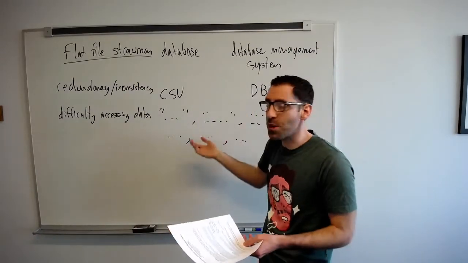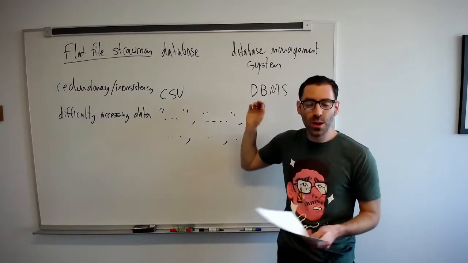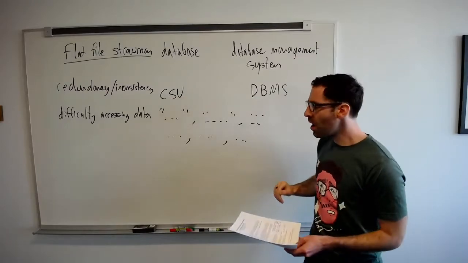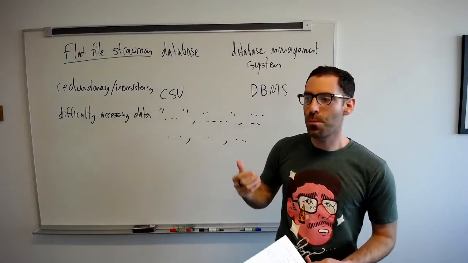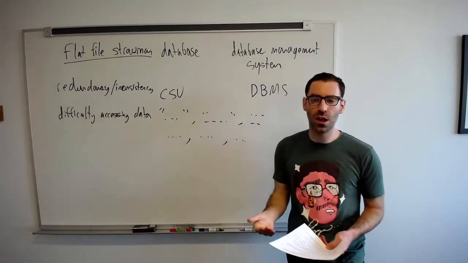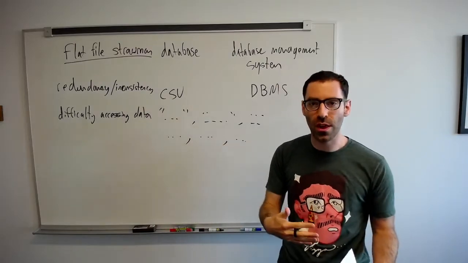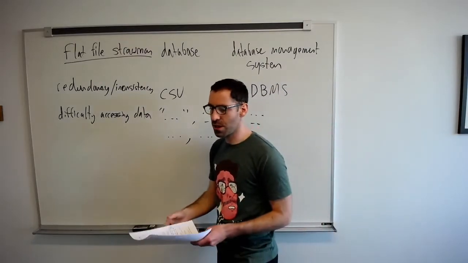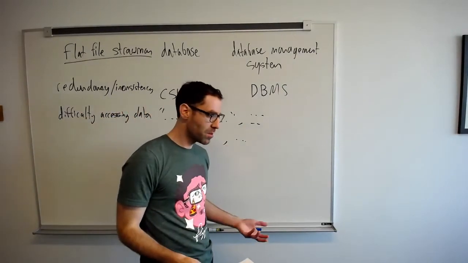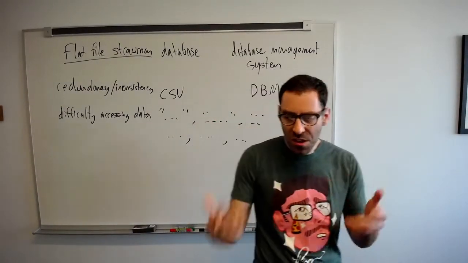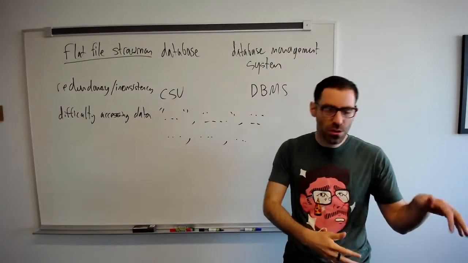There are security problems. If all information about all students is in our database, it's not the case that every college employee should have access to all of the data. We want to control that somehow. Folks in the business office don't need to know about medical things.